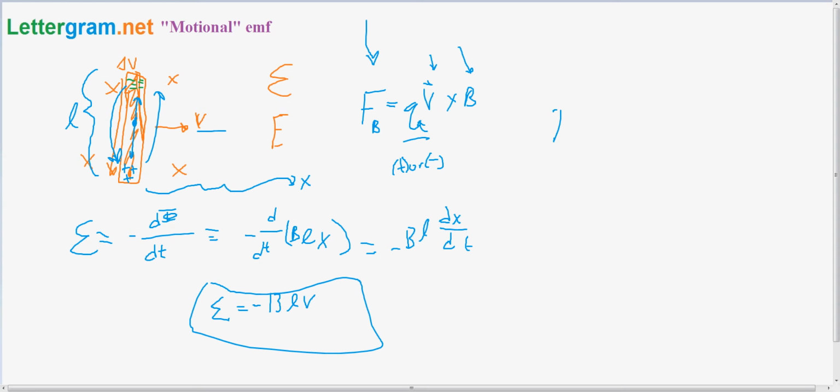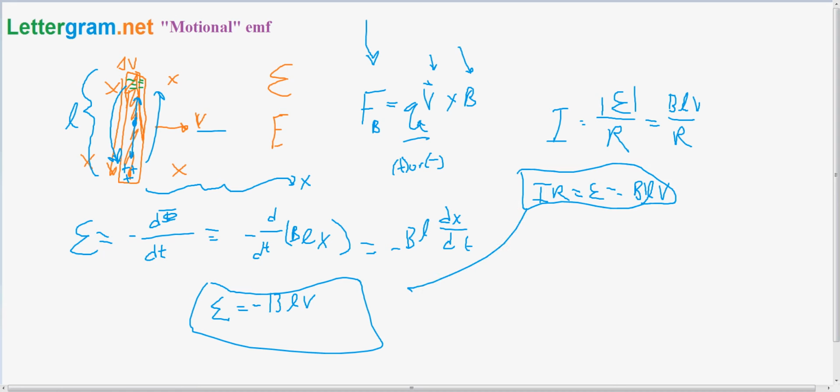But to show really quickly what this means, all these are going to be related to each other, so you could divide the R's over, and these R's get canceled, and IR will equal the EMF, which will equal BLV. So it follows Ohm's law, because this is Ohm's law right here.